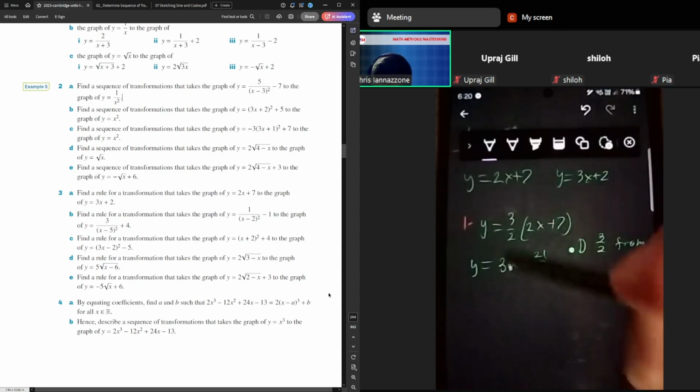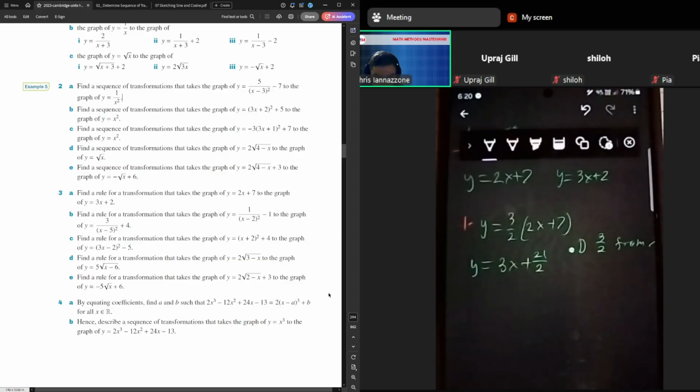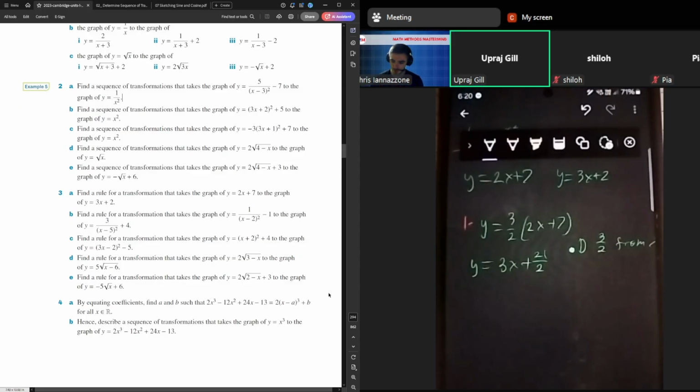But okay, so our dilations are now matching, 3x and 3x. Now we just got to figure out how to get from 21 over 2 to 2. Subtract 17 over 2. Yeah, subtract 17 over 2, correct.